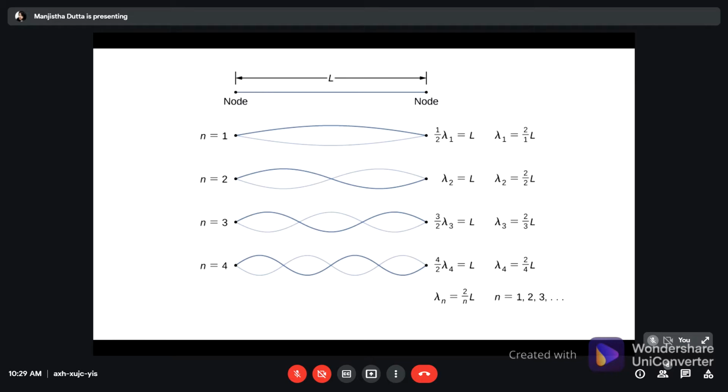The next thing we are going to discuss is the modes of these stationary waves. The only condition here is that the endpoints will behave as a node. So that's my condition.